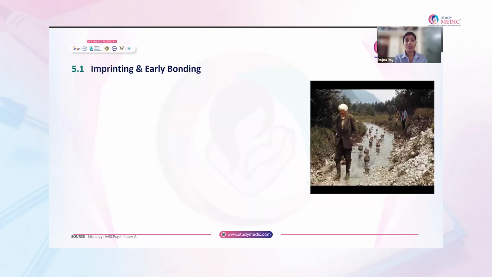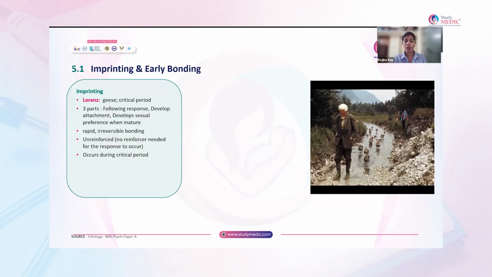Now, coming to the concept of imprinting and early bonding. What is ethology? Ethology is the biological study of animal behavior, and this person is Konrad Lorenz, who is known as the father of ethology. He famously described the phenomenon of imprinting, a primitive form of learning during a critical period where a young animal follows the first moving object that it sees.